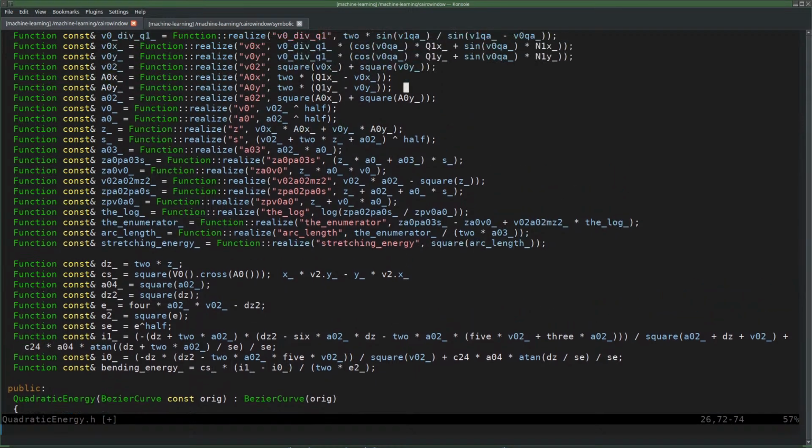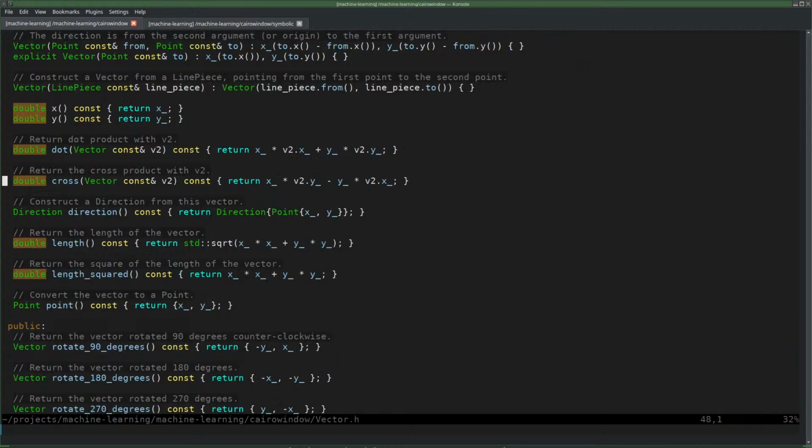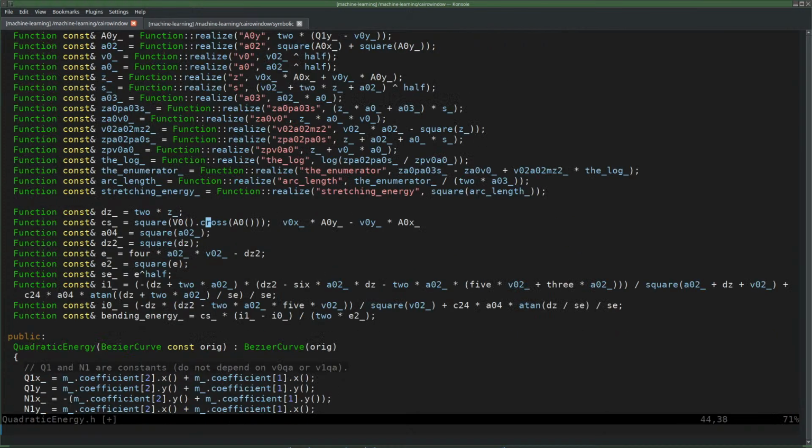It is probably A0x, so yeah, what we have here. And this is then A0y. And the first one is the x coordinate of V0. And the square of the cross product, I think this is just the cross product. Still need to take the square of that.